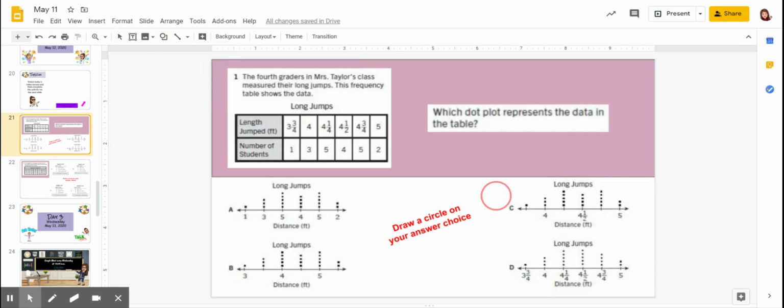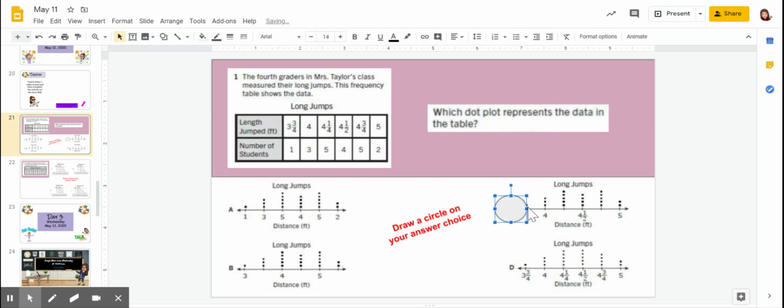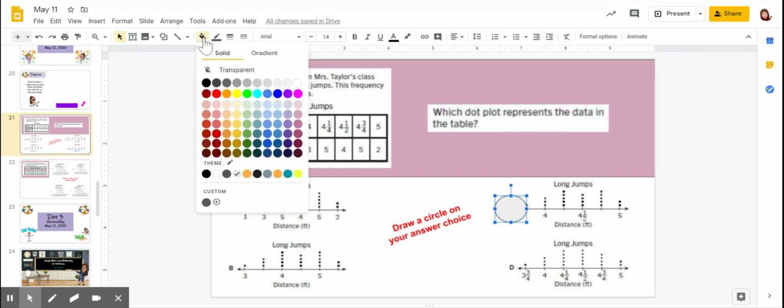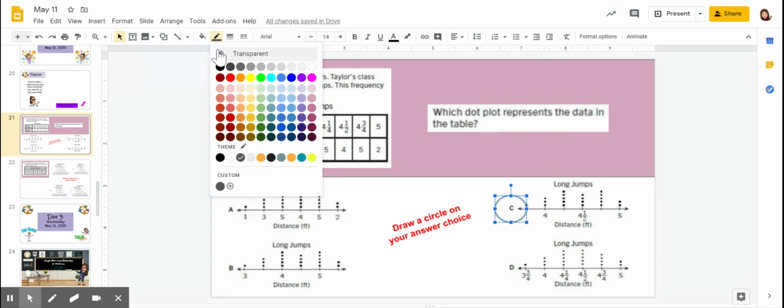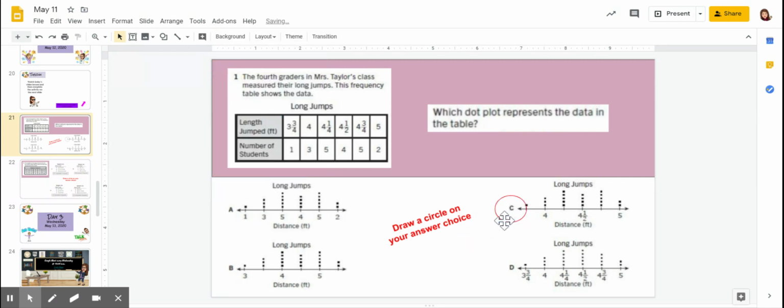You are going to draw a circle and it is just going to sit there. Now you can leave it with the fill in gray, or you can click on this little paint can and click on transparent and you can see your letter that way. You can also click on this right here to give it a different color. If I want it red, it'll make it red. It's up to you.